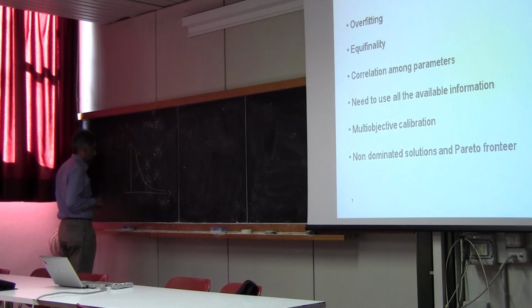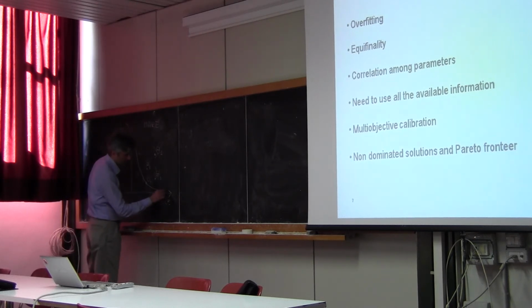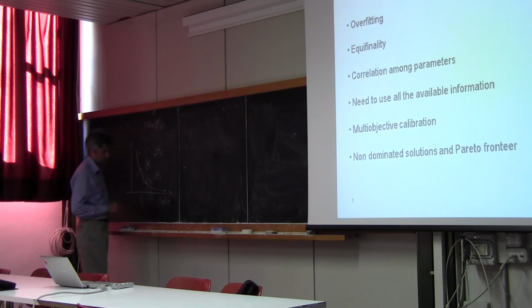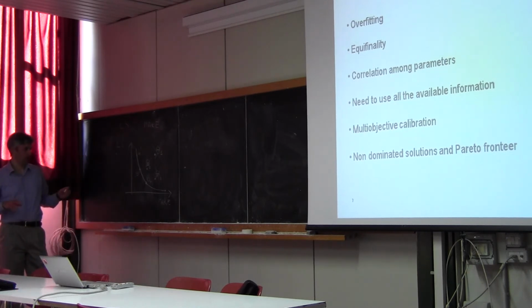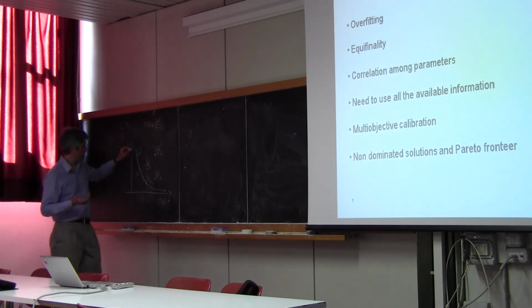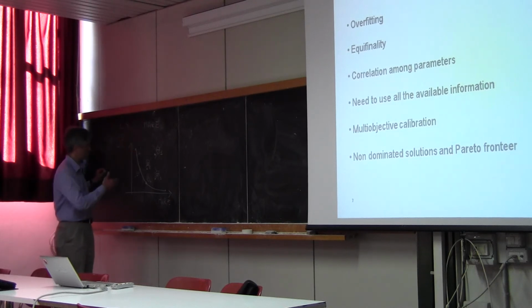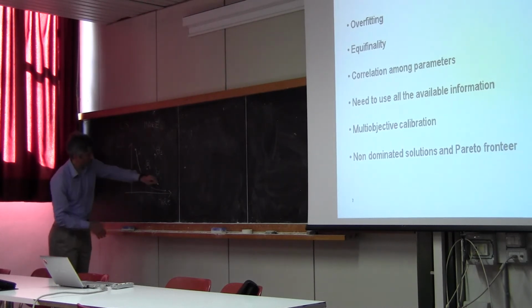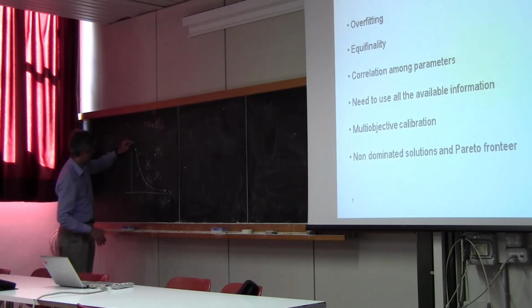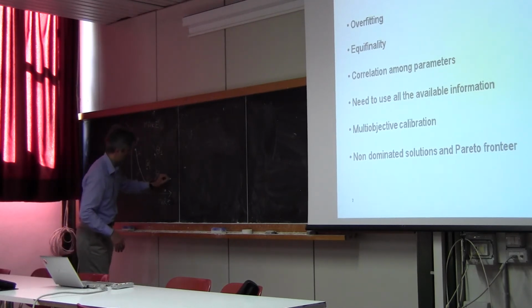Now, for each one of the points that lie on this curve, you have to spend some thought, because of course you can identify two parameter vectors that correspond to the best one objective function, like the limit of the frontier are these two parameter vectors, let's call it theta star, and this theta double star.